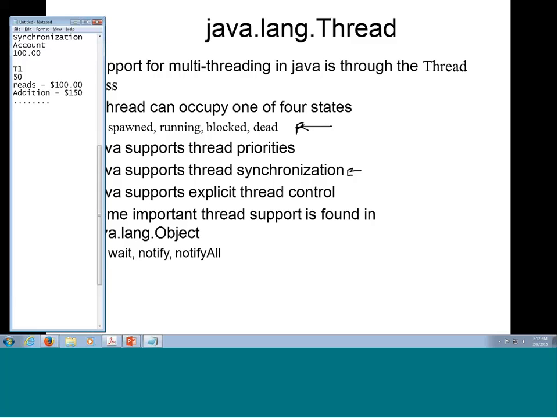And at the same time, thread 2 comes around and makes a deposit of $100,000.